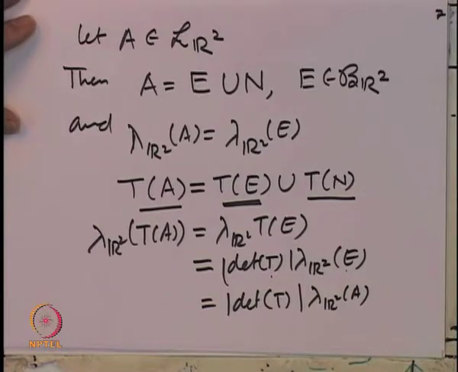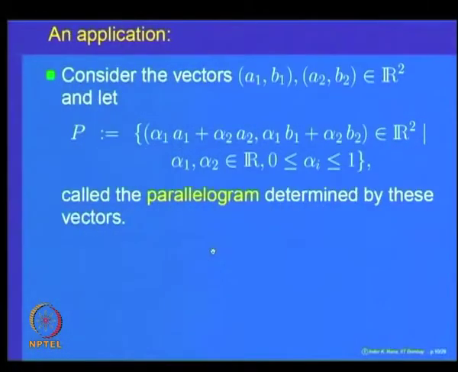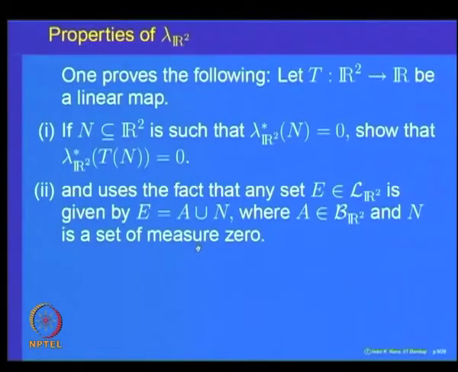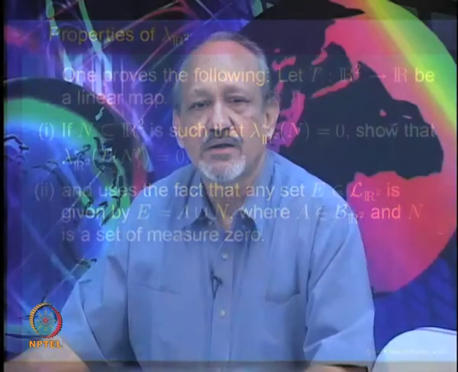So, that proves the theorem completely, namely, that if E is any Lebesgue measurable set, then T of E is also Lebesgue measurable, and the Lebesgue measure of T of E is equal to the determinant of T times the Lebesgue measure of E. So, this is how the Lebesgue measure of a set E in the plane changes with respect to linear transformations.